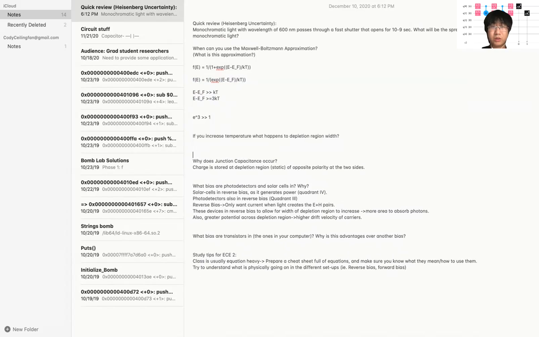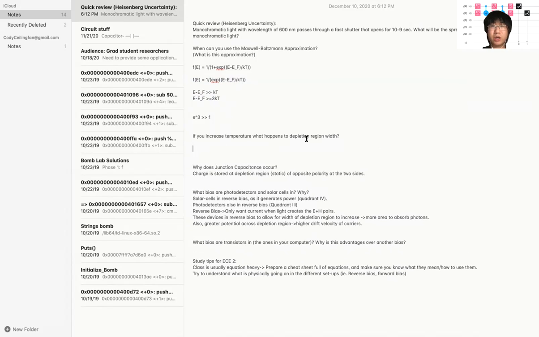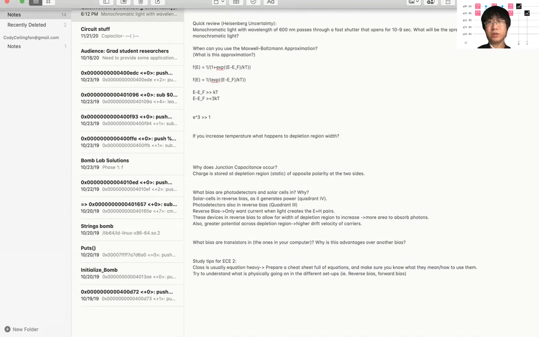Okay, so next question. If you increase temperature, what happens to the depletion region width? I'll give you some time to think about that.